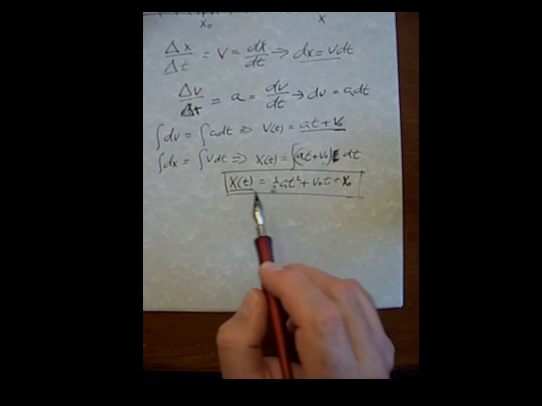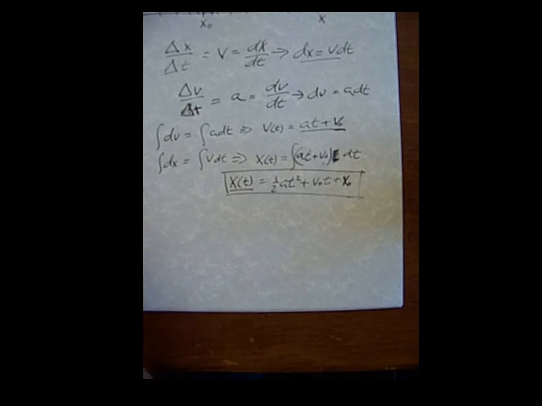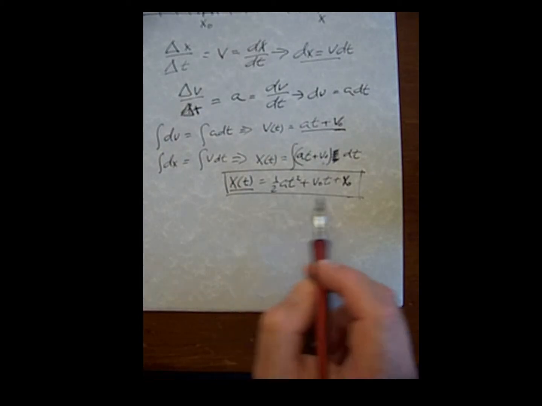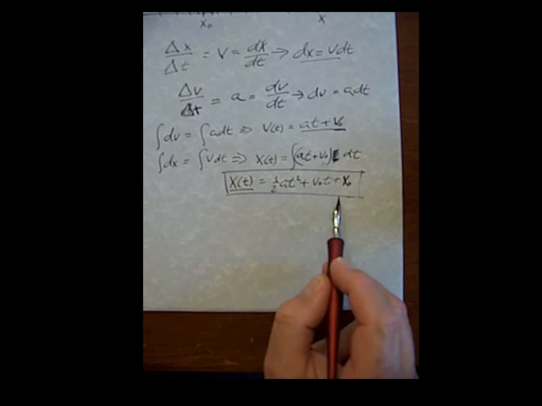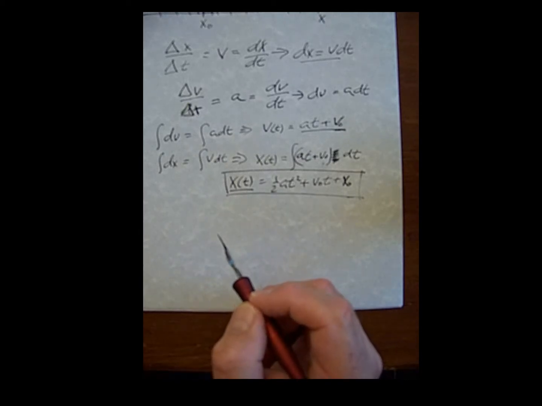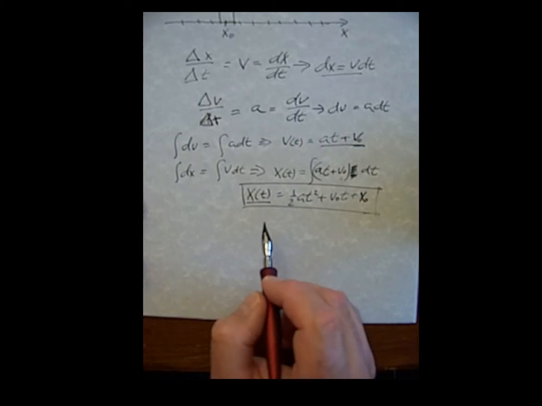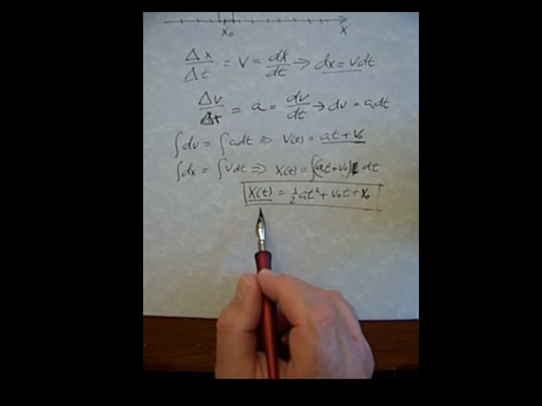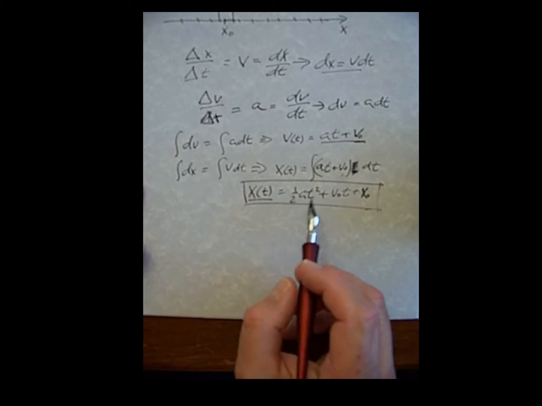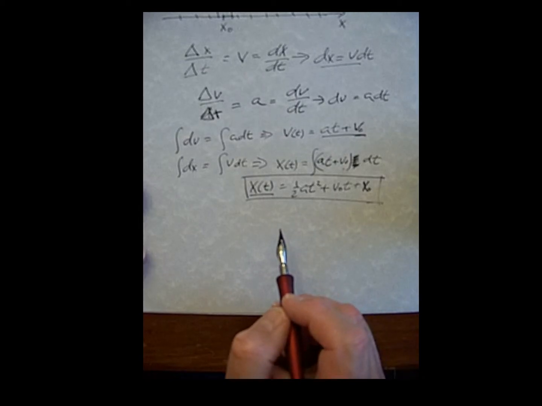And I just wanted to put this equation down because in the earlier video we did go through an example that did this, but I don't think I ever actually wrote the equation down. So what can we figure out about movement based on this equation here?